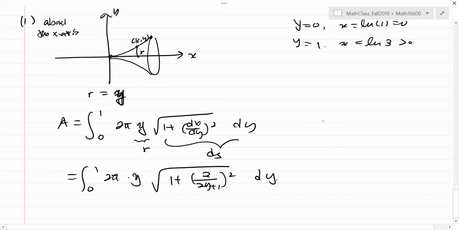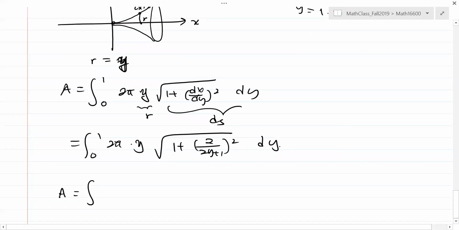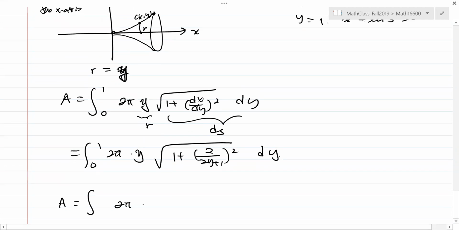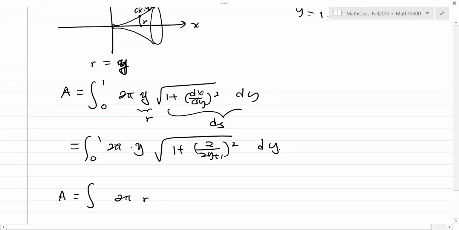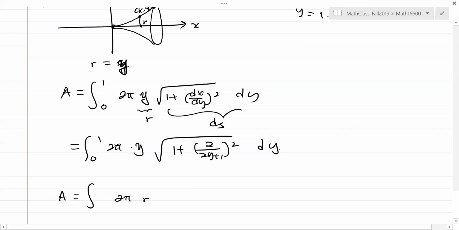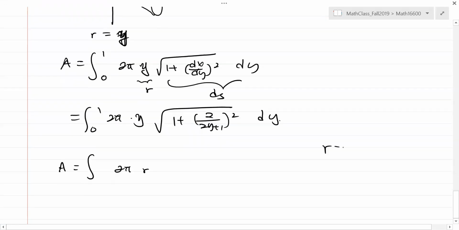Then if you use the x variable, you have to figure out 2 pi r, right? You have to use the x variable, so what is r? We still go back to this, right? If you use the x variable, you need to express r in terms of x. So r is going to be y.